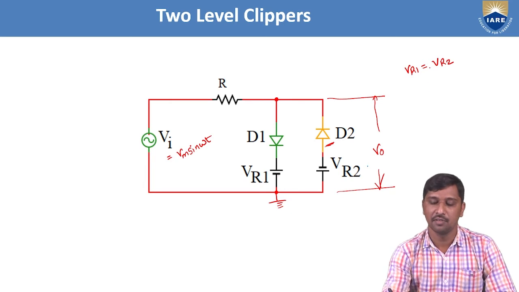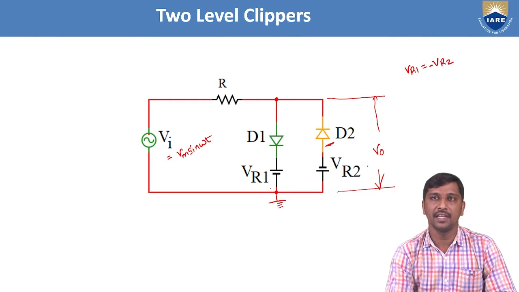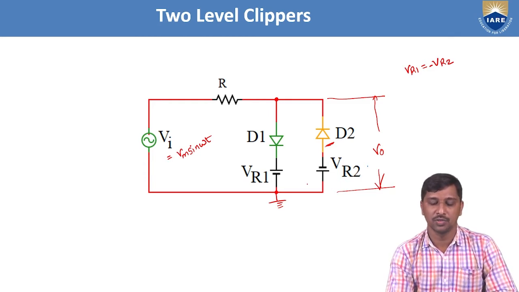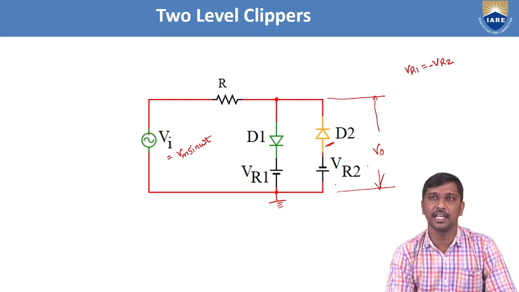So VR2 is represented as a negative magnitude and VR1 is represented as a positive magnitude. The amount of voltage is the same across VR1 and VR2, but the polarities are different. VR1 is a positive magnitude and VR2 is a negative magnitude, but the amount of voltage is the same here. Just remember this point.